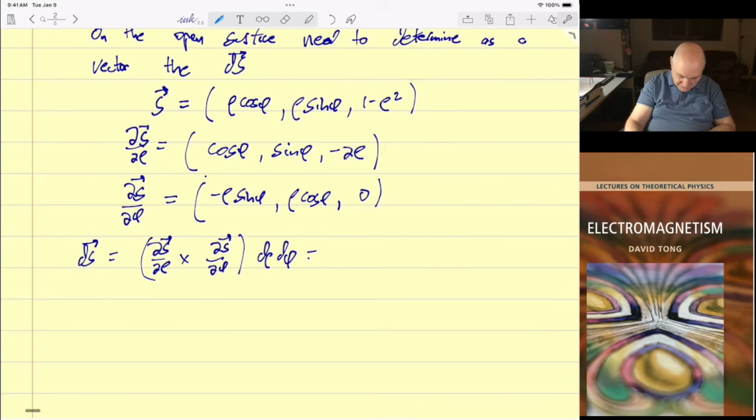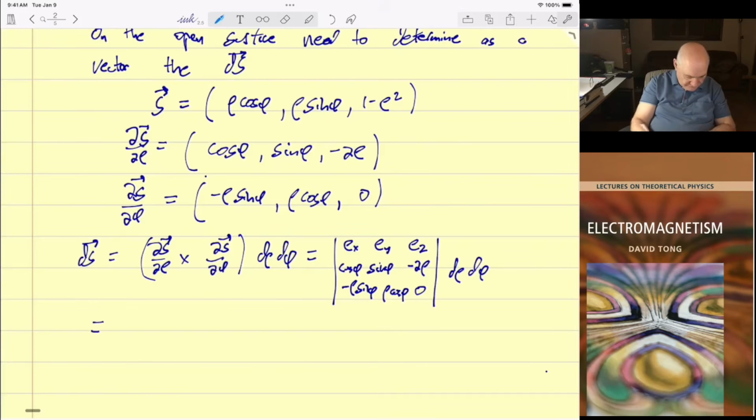So let's just do this cross product. Remember, these are Cartesian components. So I have EX, EY and EZ. I'm sort of mixing things, but it's easier to write down. Cosine phi, sine phi, minus 2 rho, minus rho sine phi, rho cosine phi, and 0, d rho d phi.